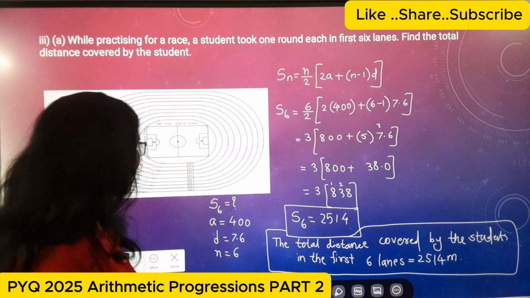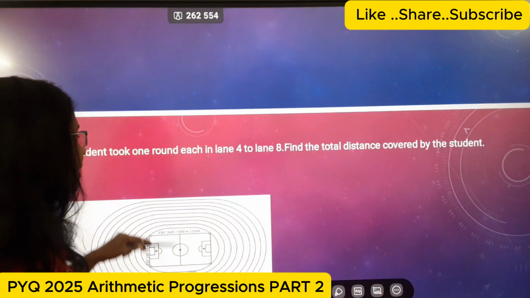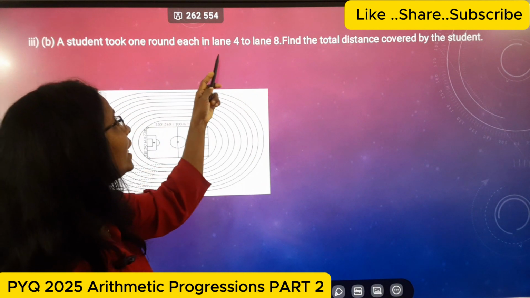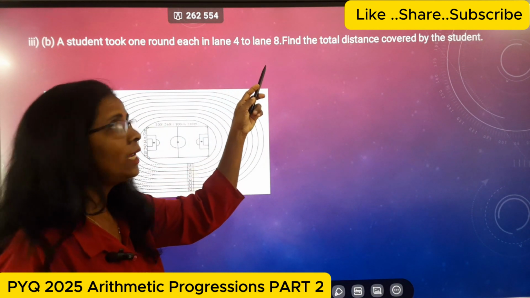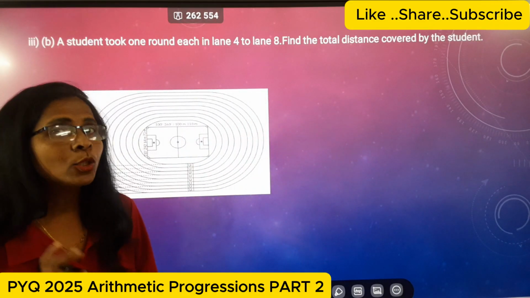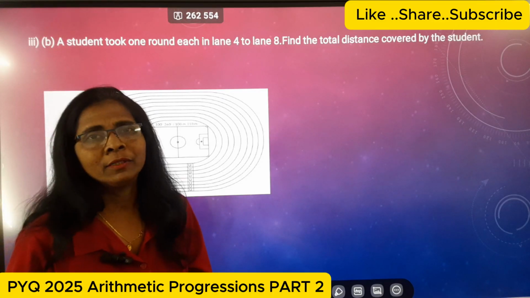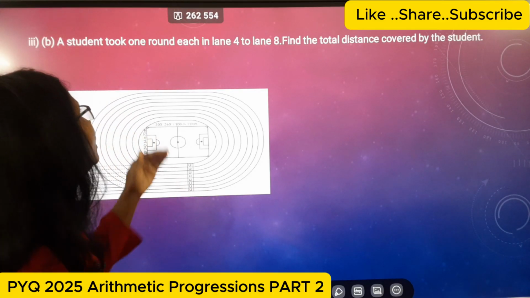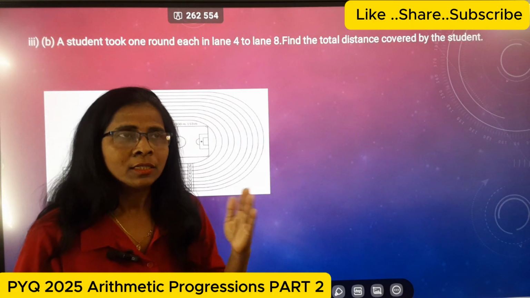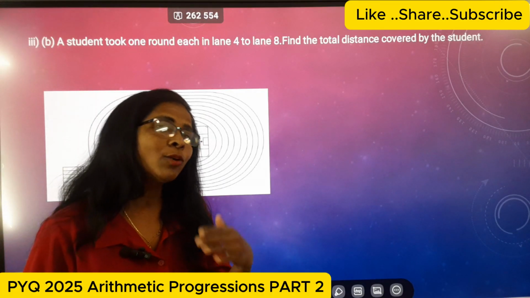Now see the next question. A student took one round each in lane 4 to lane 8. Find the total distance covered by the students. But here the lanes are different. The student starts from the 4th lane and comes to the 8th lane. Starting from the 4th lane means starting from the end of the 3rd lane.